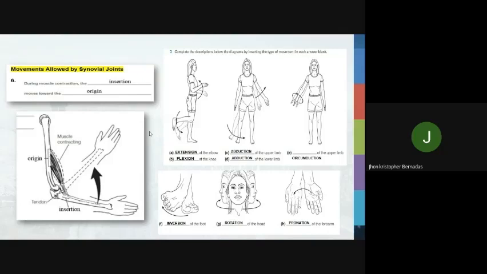E for circumduction of the upper limb. We have letter F for inversion of the foot. G, rotation of the head. And lastly, H, pronation of the forearm. That's all for the movements allowed by synovial joints.